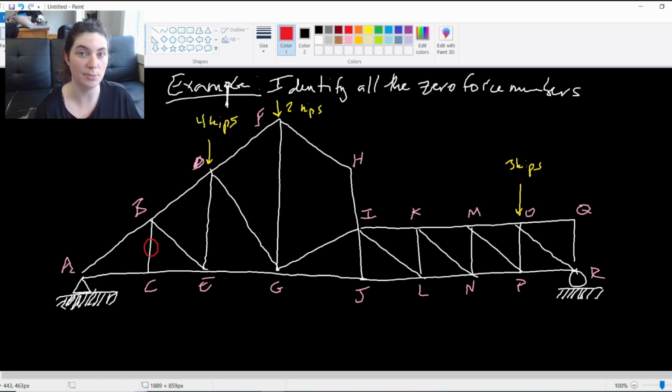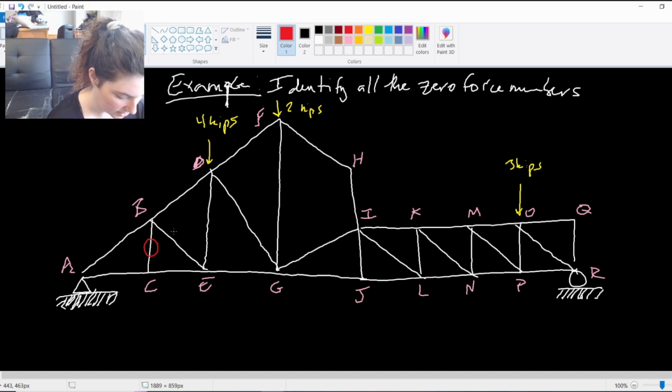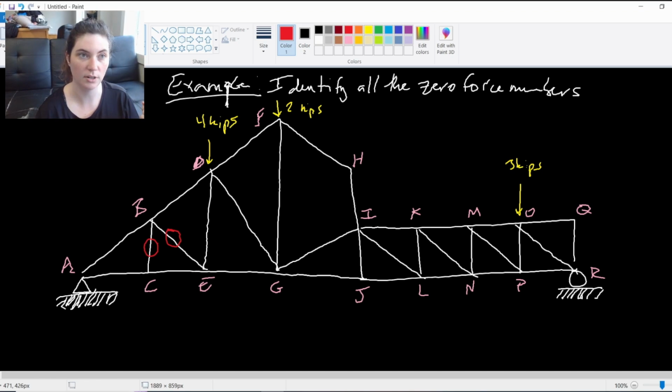And because BC is a zero force member, BE is then going to be a zero force member because all that is bearing force at joint B is AB and BD. So BE is going to be a zero force member.